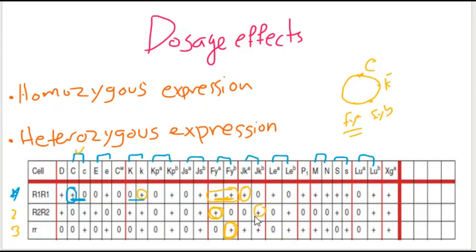So why is this point very important? Because sometimes, for example, some antibodies show a dosage effect. They will react with homozygous cells, but sometimes they may not react with a heterozygous cell. Let's take this example.